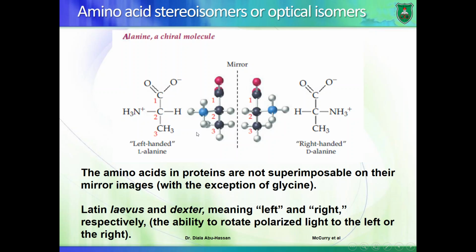The difference between the L and D amino acids is that, although there are different ways of drawing amino acids, basically you look at the orientation of the amino group. If it is oriented to the left, then it is an L amino acid. If it is oriented to the right, then it is a D amino acid.